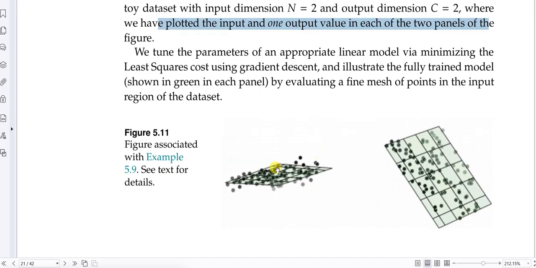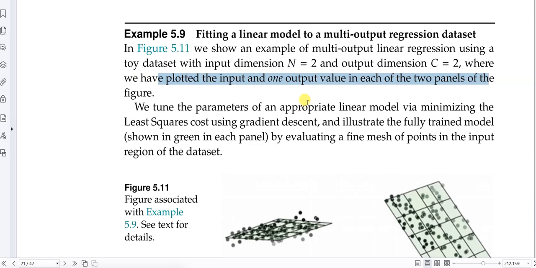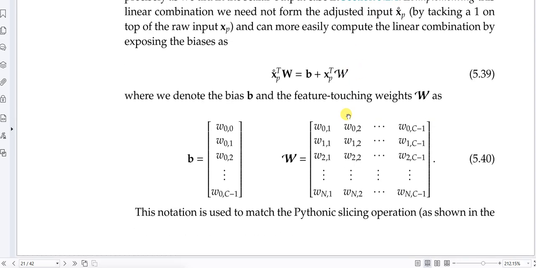Here it was only one output. Now we require two outputs. For the two outputs, using this W value, n equals n and c equal to 1 means only one output, so now c equal to 2.